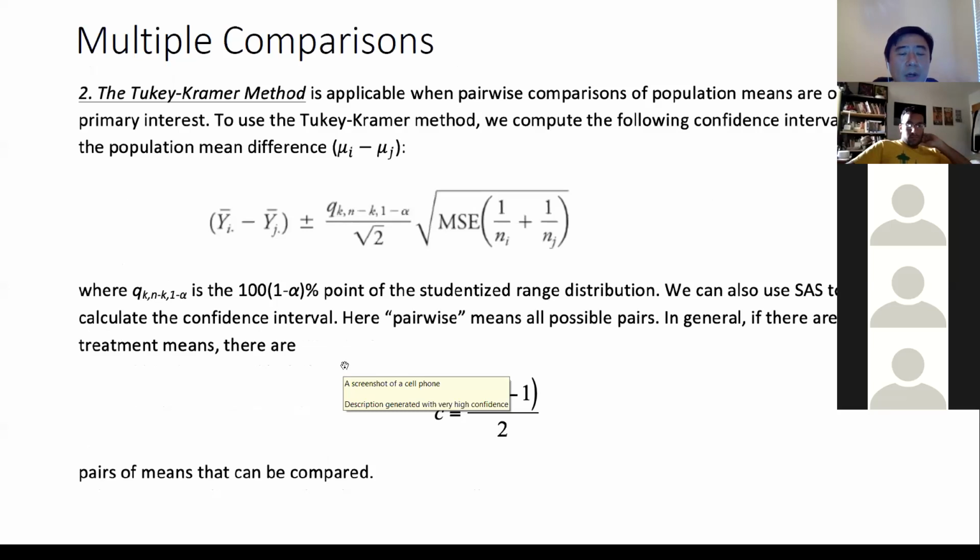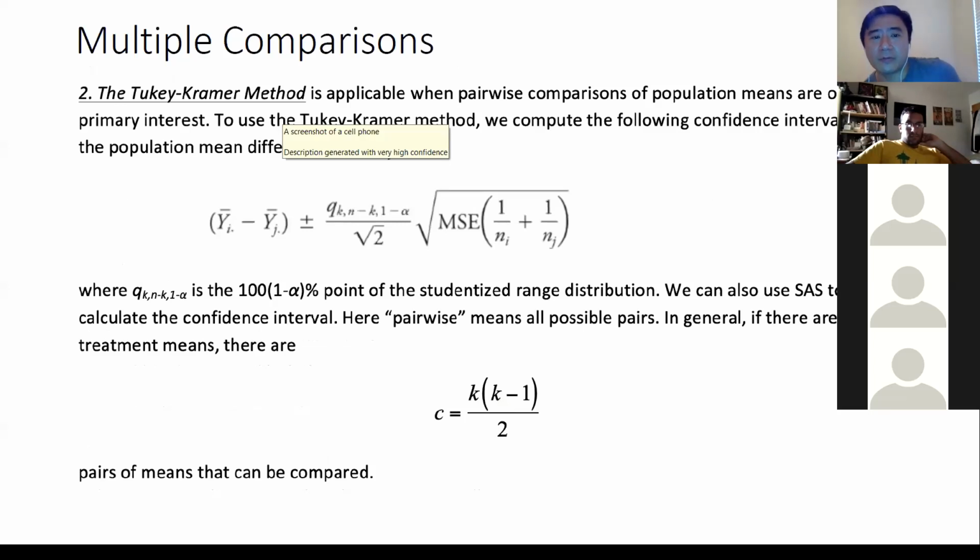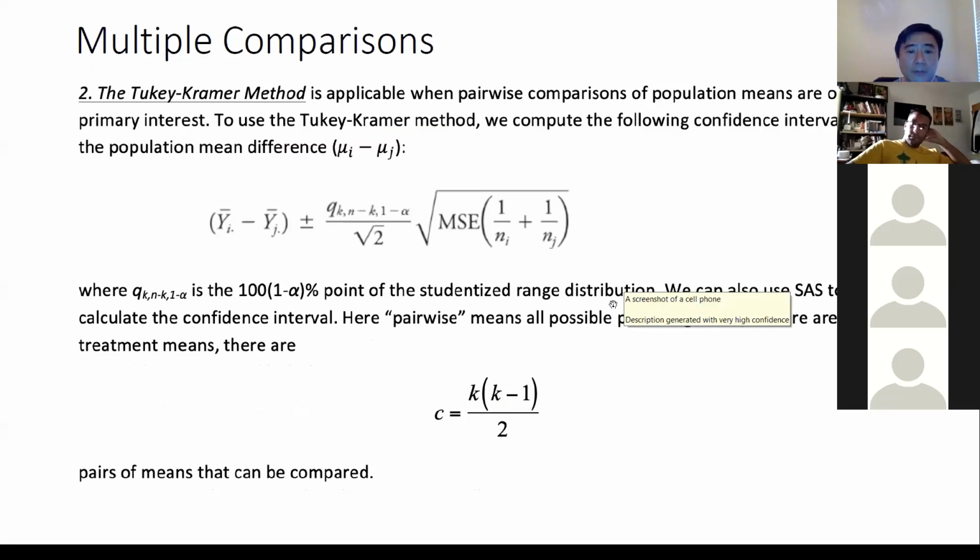All right, the second one we talk about is the Tukey-Kramer method. This is specifically useful for testing an exhaustive number of comparisons. For example, if you have K levels, the total number of pairs is K choose 2, which is equal to K times K minus 1 divided by 2. This is the total number of unique comparisons across these groups.